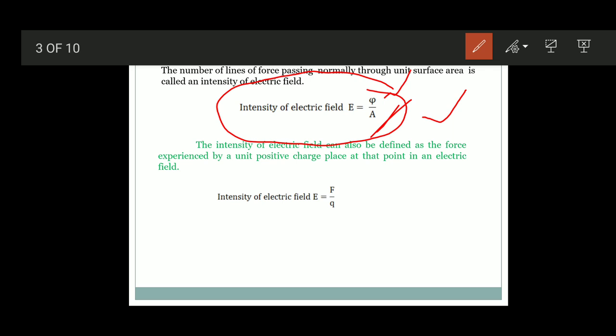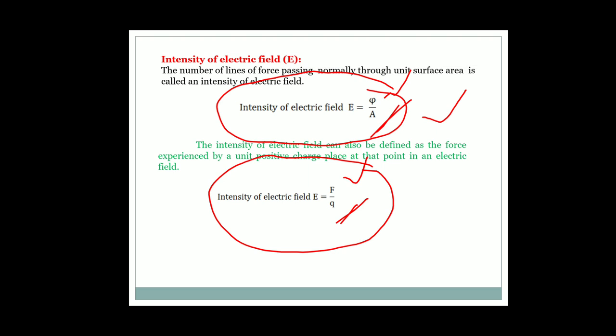So the intensity of electric field can be written as E is equal to F by q, force per unit positive charge. These definitions are most useful for us in explaining Gauss law.